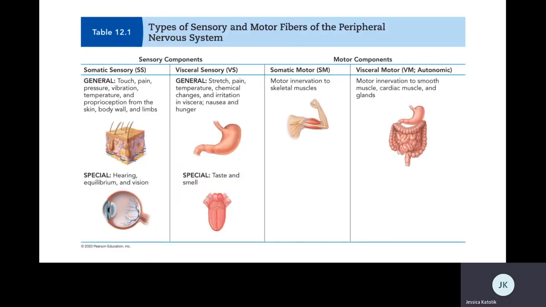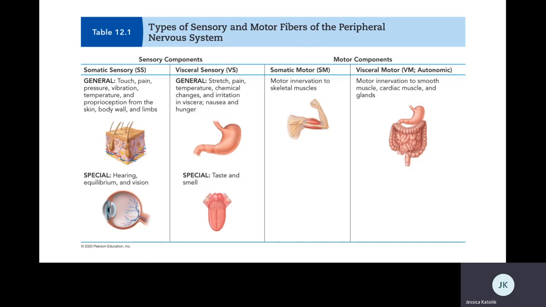This diagram reviews what we have learned so far. We're talking about nerve fibers, which are axons, long axons with specific functions, so these are structural things. We've talked about the somatic sensory fibers that innervate the external part of our body.